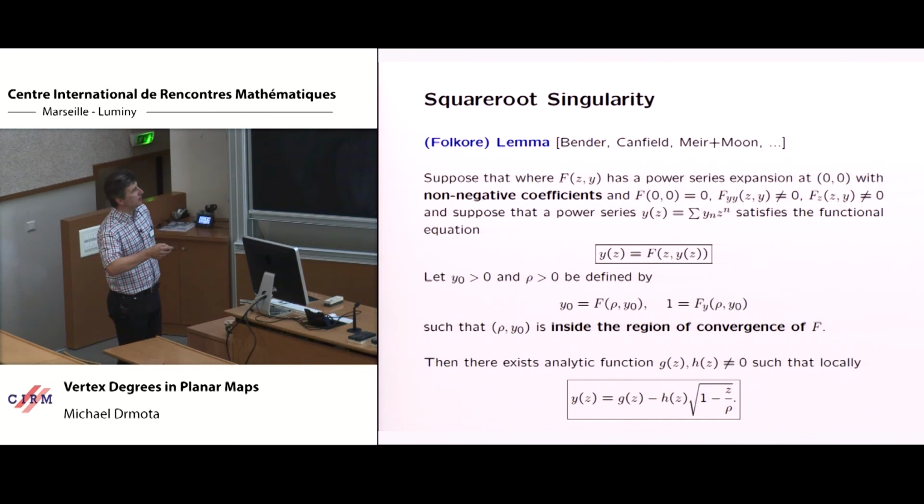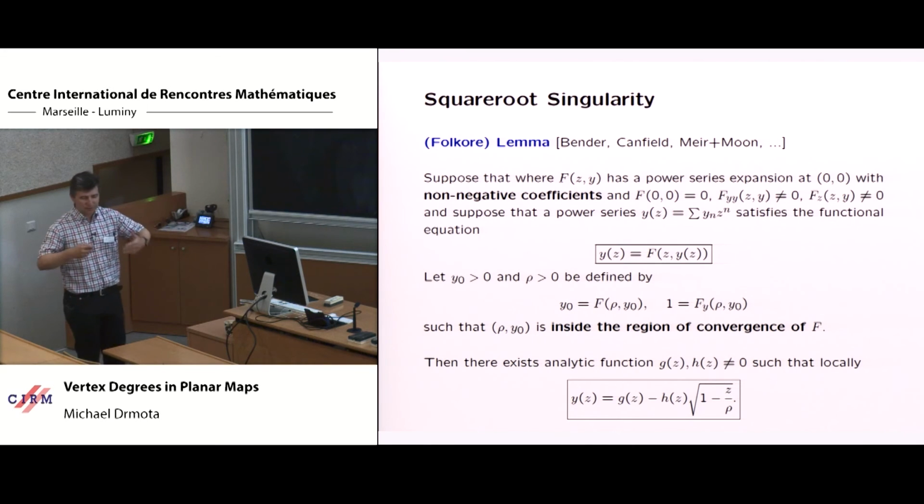If I can put a parameter here, and this depends, say, continuously differentiably on this parameter, even if this parameter is in a Banach space, then you get the same kind of asymptotics, just with some parameter.